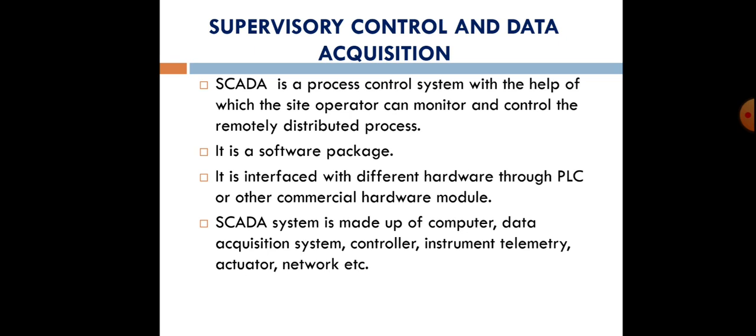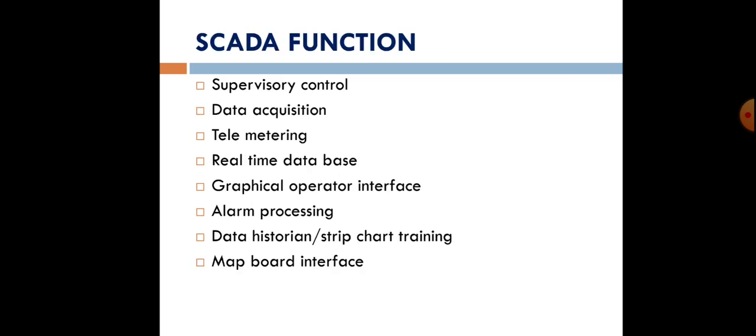It is used in various industrial processes like steel manufacturing, chemical, electrical power generation and transmission, gas and oil pipelines, water utility, etc. Now see the function of SCADA. Various functions of SCADA are listed below. First, supervisory control.